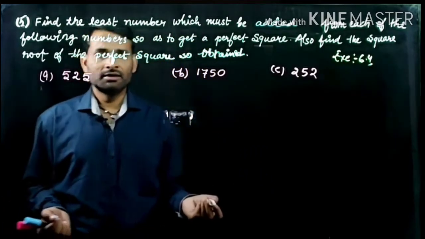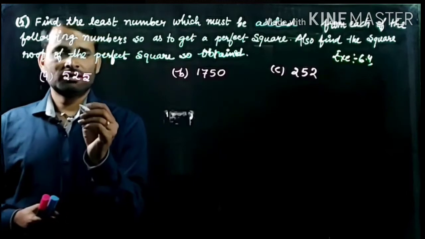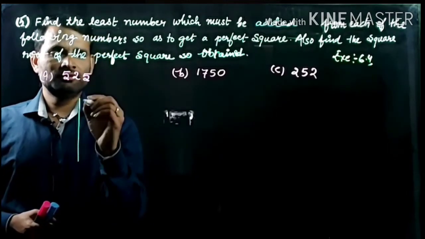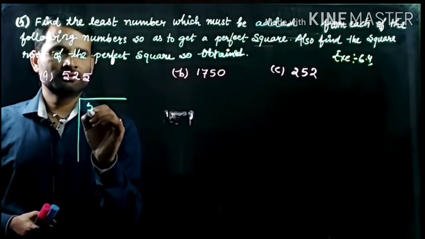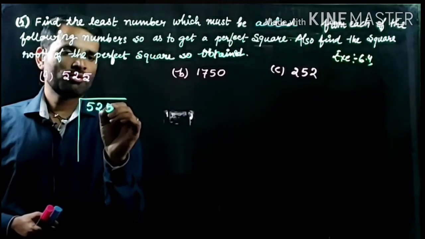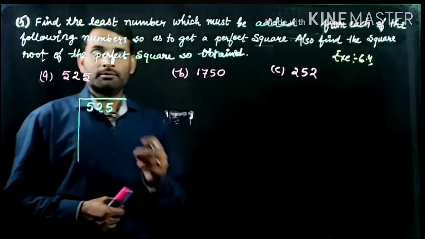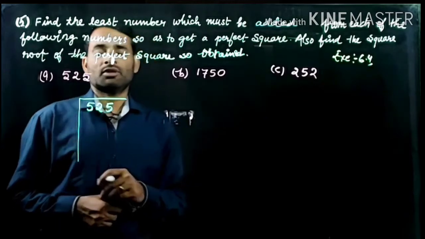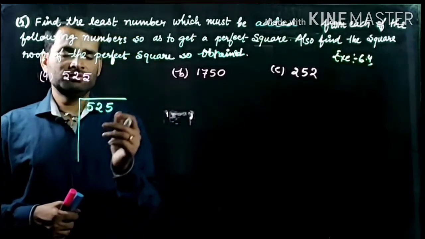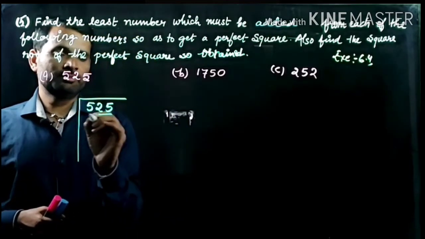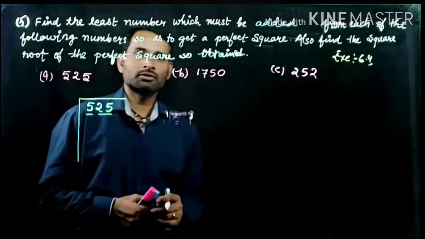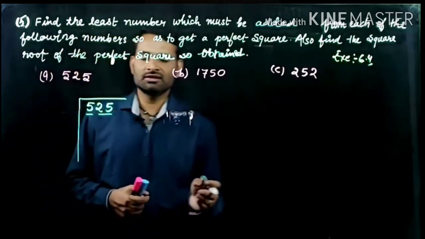Okay, so it is the same method, and the difference is that first you find the square root by the division method. Then first you make a pair: 5, 2 times 2 is 4, 1 times 1 is 1, and 3 times 3 is 9.